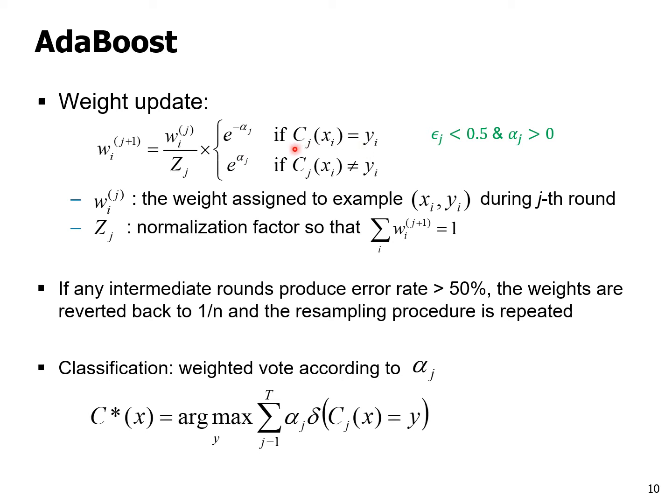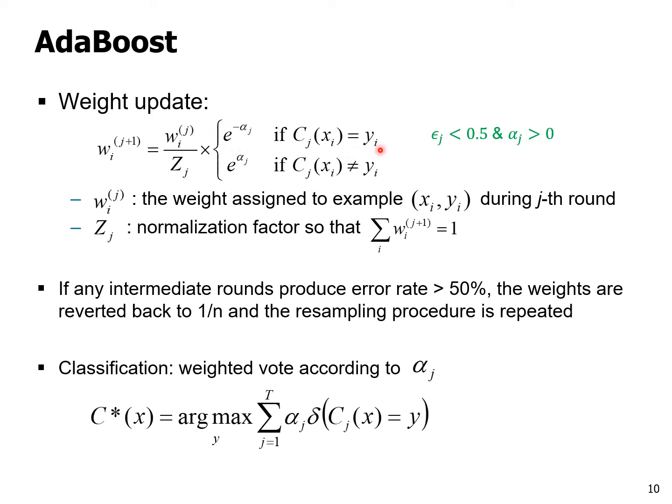So back to here, if there is no error, then the current weight value is multiplied by this. Because alpha is always positive, this whole thing is less than 1. If you remember the shape of the exponential function, if alpha is positive, then minus alpha is negative, and that makes this exponential less than 1.